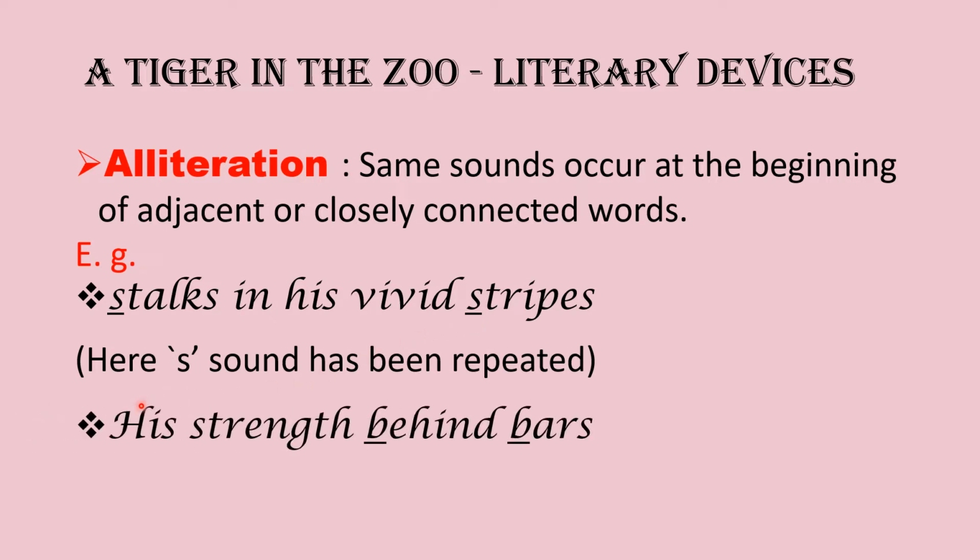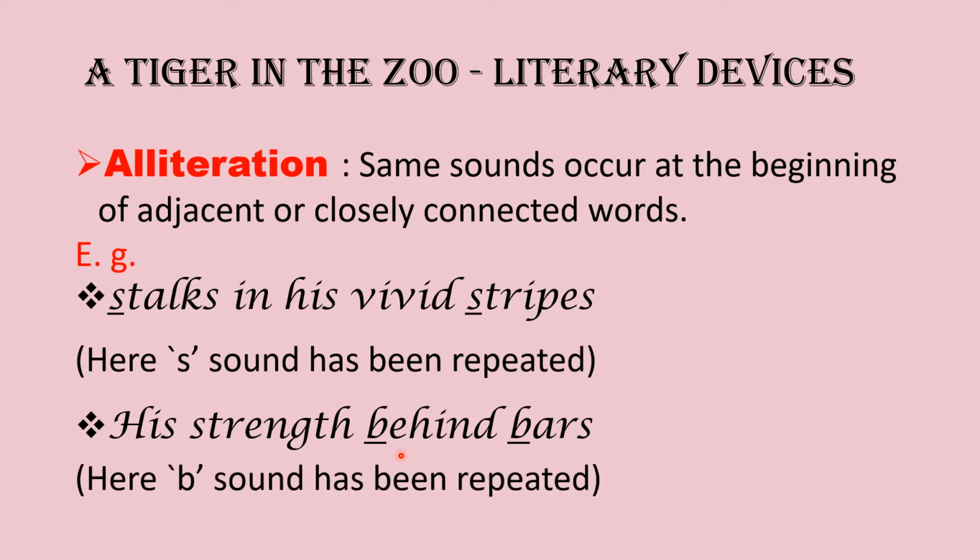Second example: in this sentence you can see that the B of behind and the B of bars is underlined. This means in these two words the B sound has been repeated. Let's go on to the next literary device.